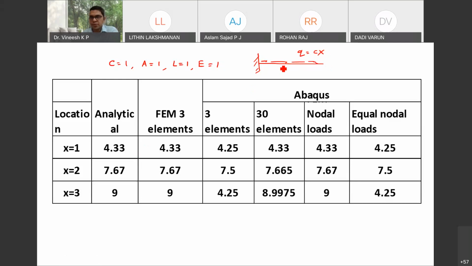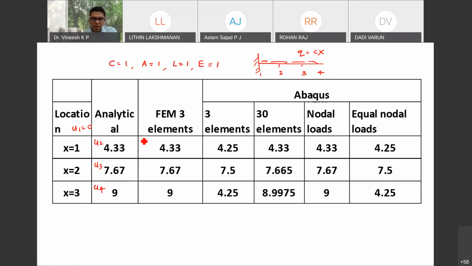We divide it into 3 elements. This is my first node, second node, third node, fourth node, and U1 is equal to 0, corresponding to U2, U3, U4.